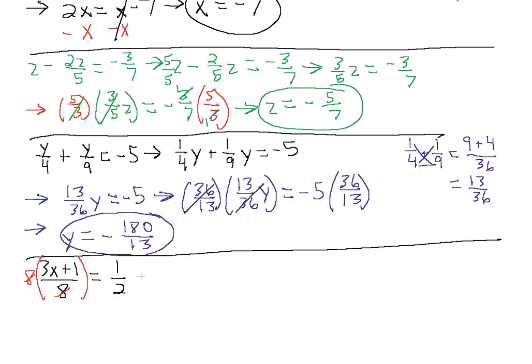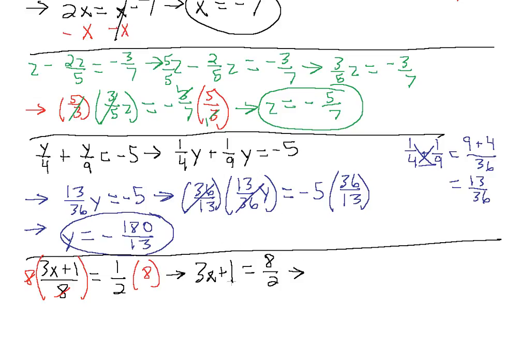And we can do this without changing anything if we multiply the other side by 8 as well. So that'll leave us with 3x plus 1. It gets rid of the fraction bar here. That's what we want. 1/2 times 8 is 8/2. It's multiplying the numerators here.